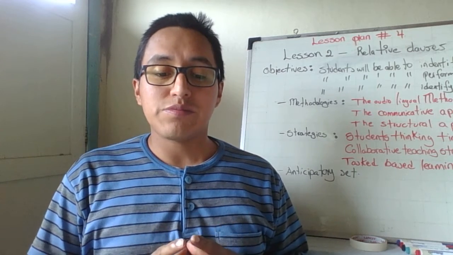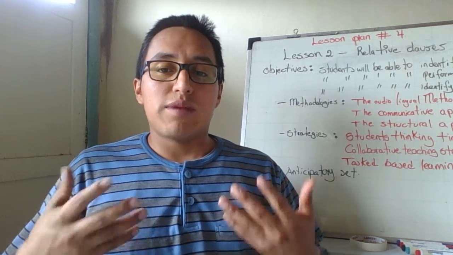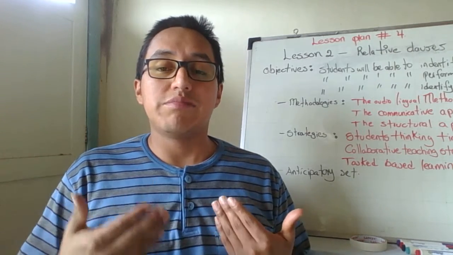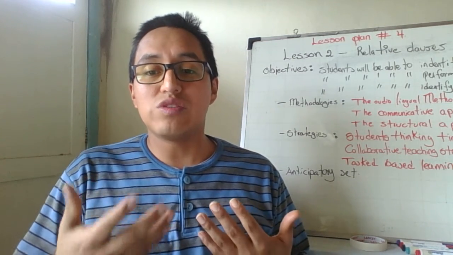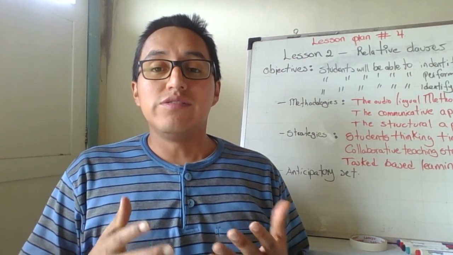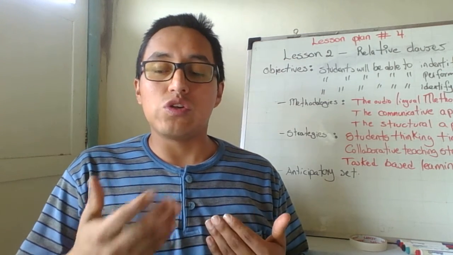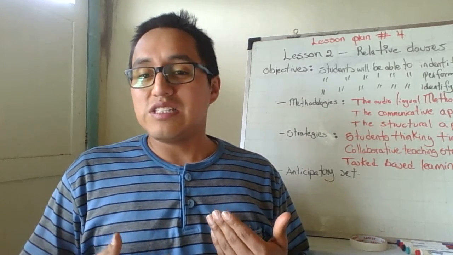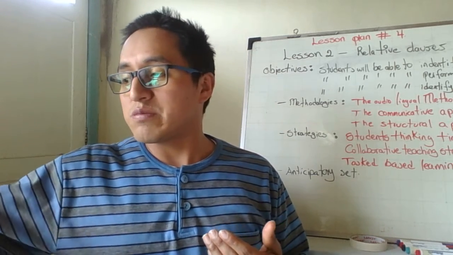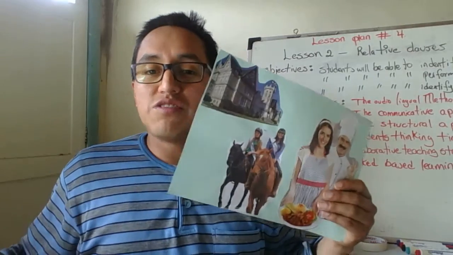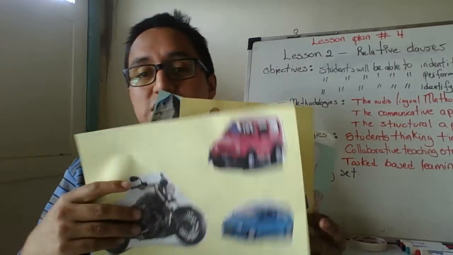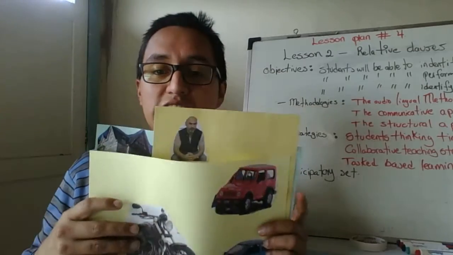So now I'm gonna explain a little bit about the materials that I'm gonna use for the lesson. First of all, I'm gonna show you the materials. In this lesson, I'm gonna use, for example, flashcards. Yes, as you can see, we have 3 types of flashcards.